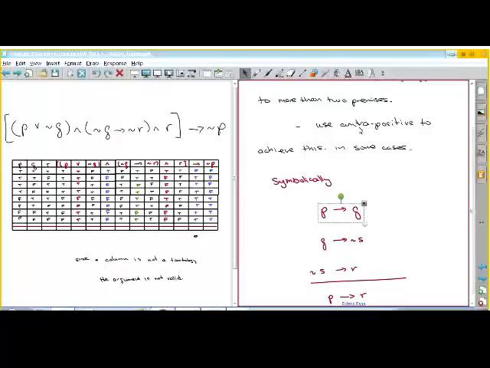So what you do is you can use the contrapositive. Let me unerase it so I can make sure I do it correctly. Let's say the original argument was that instead.